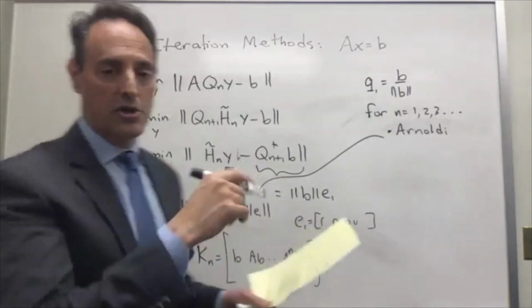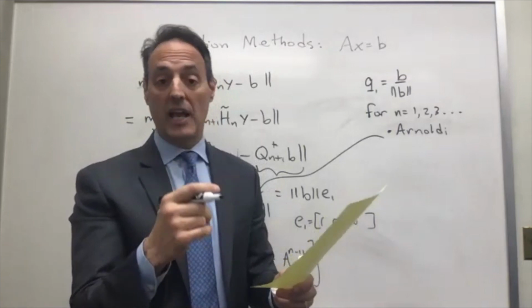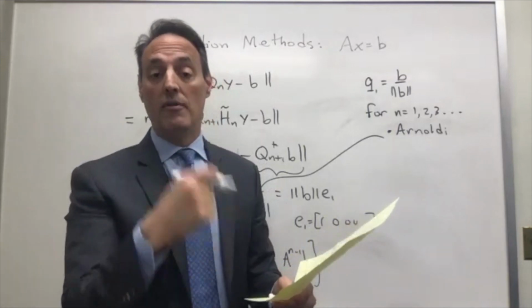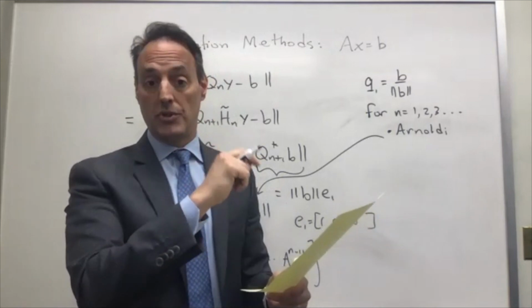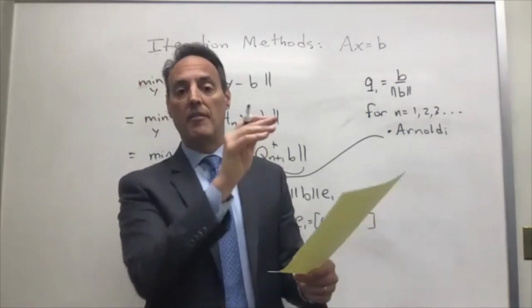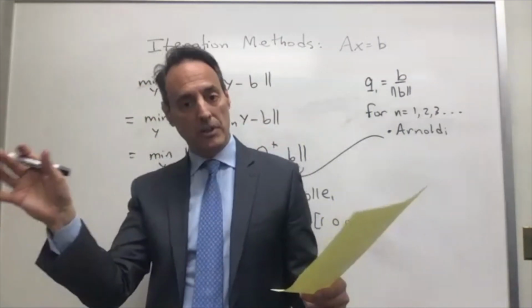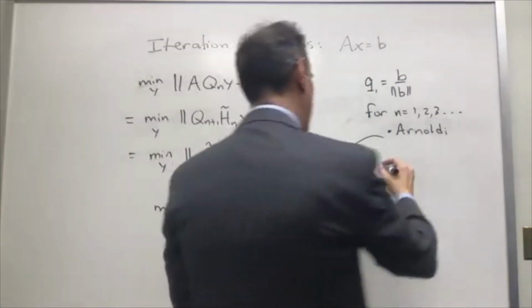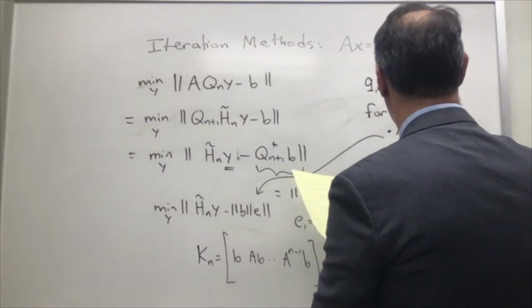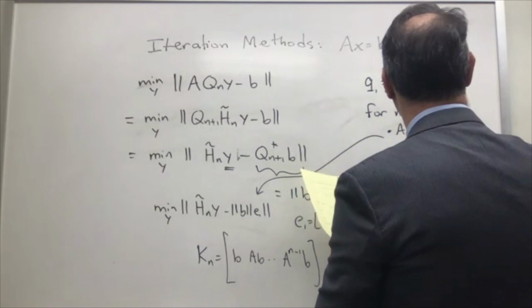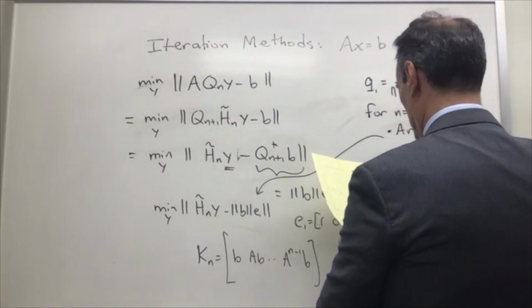And once you have that recursion formula for getting the Q of n plus 1, you get your next Q from that recursion relationship that I showed you, which was the Arnoldi formula, A acting on Q of n, related to Q of n plus 1. Then you do this minimization over y of H y minus b times e1.